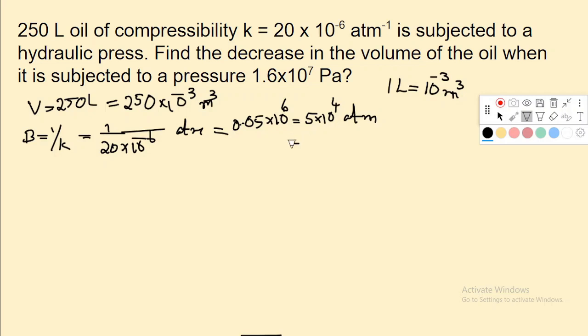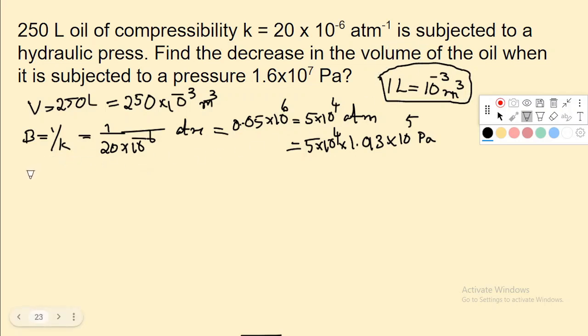So that is equal to 5 into 10 raised to 4 into 1.013 into 10 raised to 5 Pascal. So Pascal is the SI unit. Okay, so that is the value of the B.